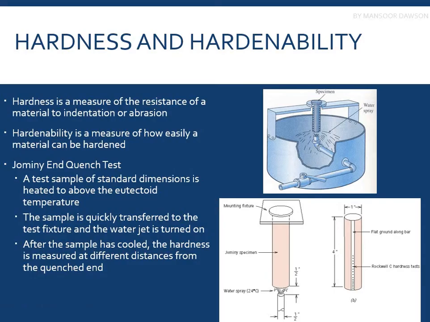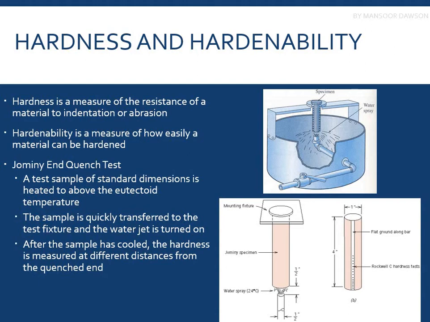Then there's a concept of hardness and hardenability. So what is basically the hardness of a material? It is not a mechanical property, but hardness is just a measure of the resistance of the material to indentation or abrasion.